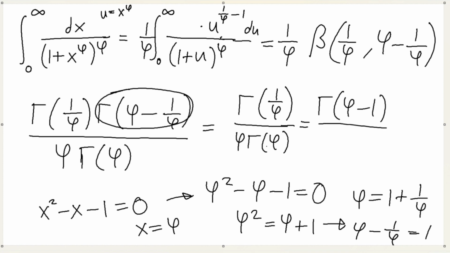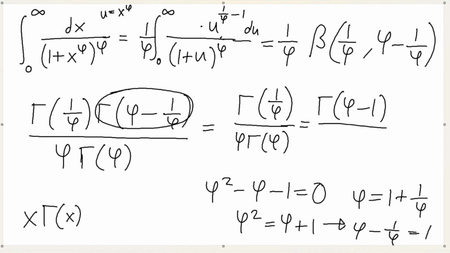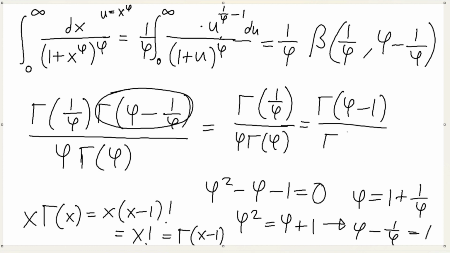Do you remember when I said that the gamma function can be put in terms of factorials? This is x minus 1 factorial, and x factorial is the gamma of x plus 1. This means that this here is equal to the gamma of phi minus 1.